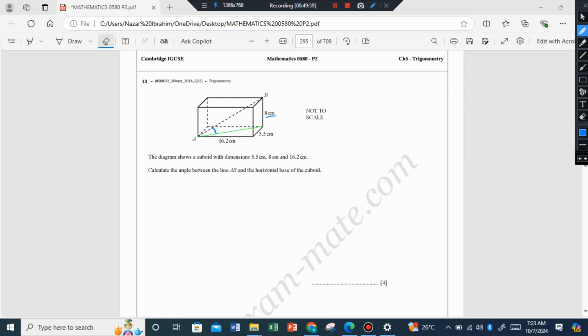To solve this triangle, let us first name this triangle, right? This is A, this is B. I'm naming this point as C, right? So we are basically having this triangle A, B, C. What we know is we know BC, which is 8 centimeter, right?